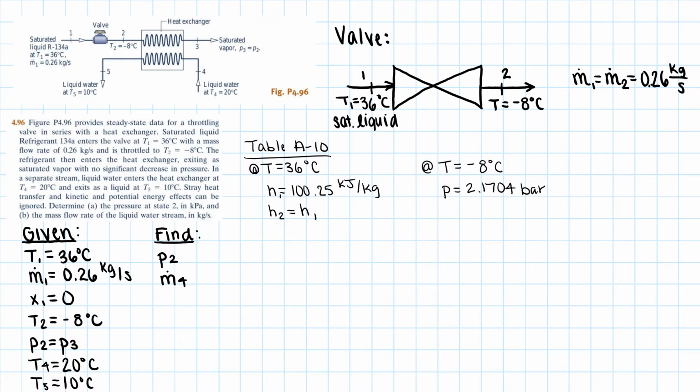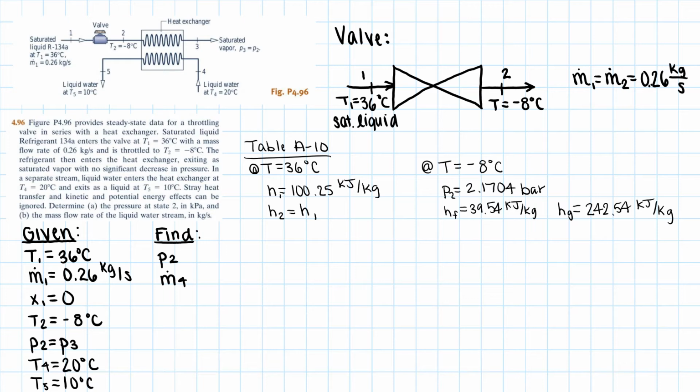We also got that at that temperature, HF was equal to 39.54 kilojoules per kilogram, and HG was equal to 242.54 kilojoules per kilogram.